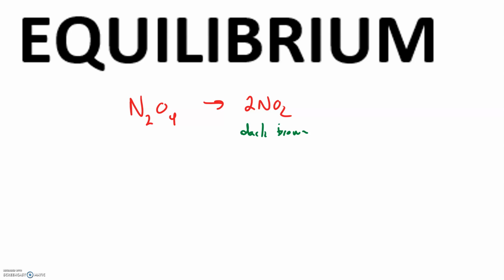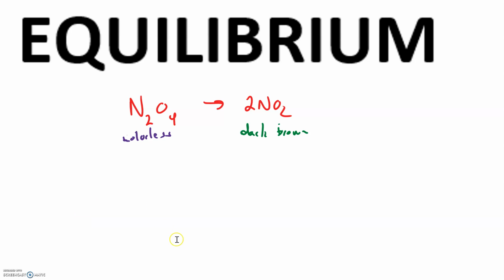And this N2O4 stuff is perfectly colorless. So when we let this reaction run, what we'll see is that the color of NO2 slowly forms out of nothing.